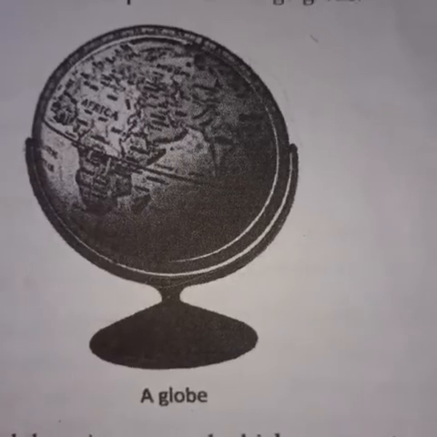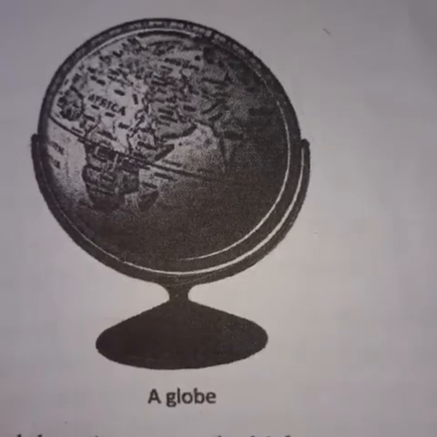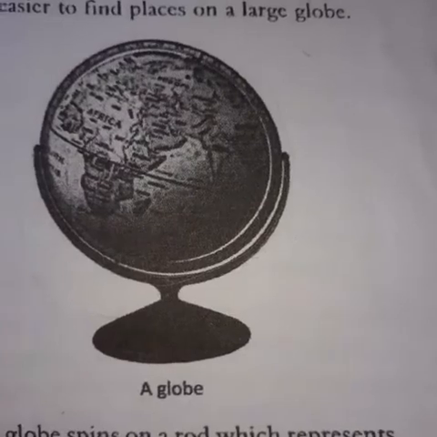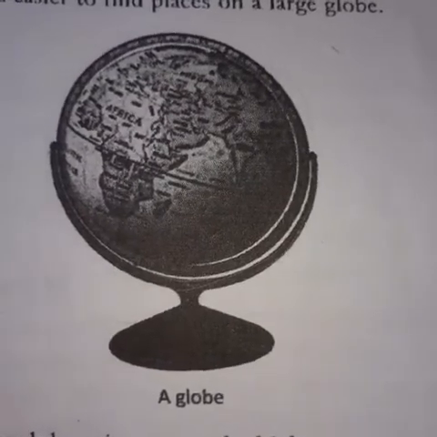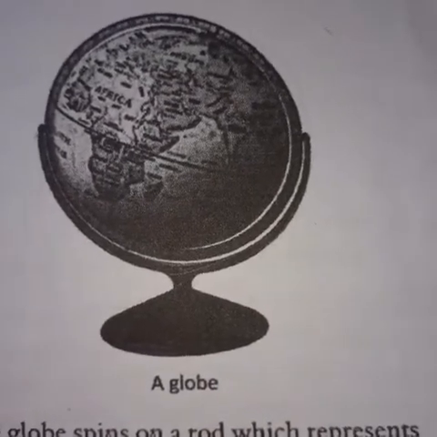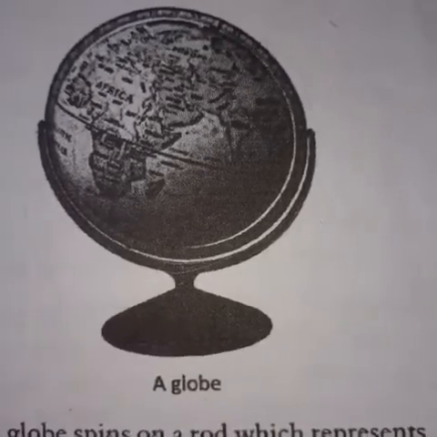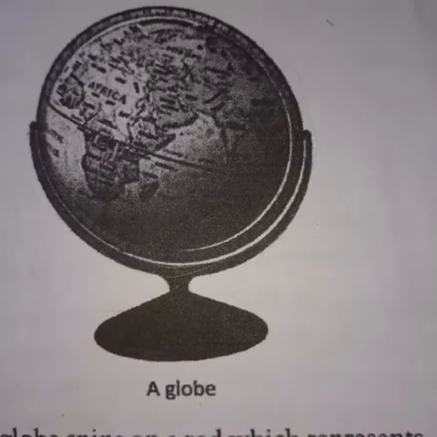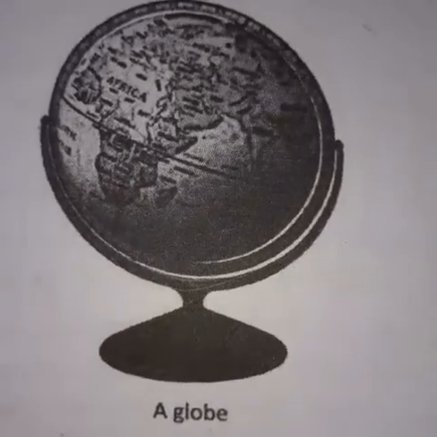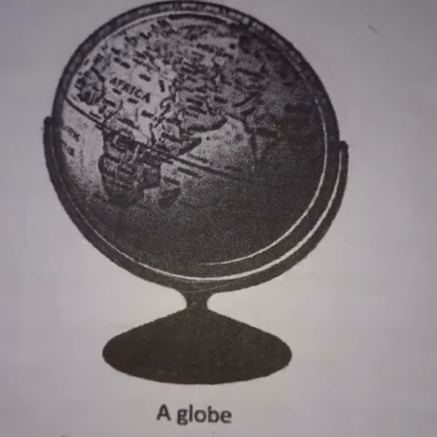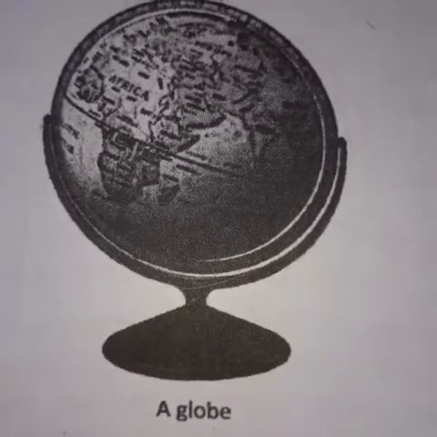And that's why we made a model of the earth which is known as a globe. Now, what is the meaning of model? Model means a copy of something, usually small in size. And what is globe? A globe is a small model of the earth.